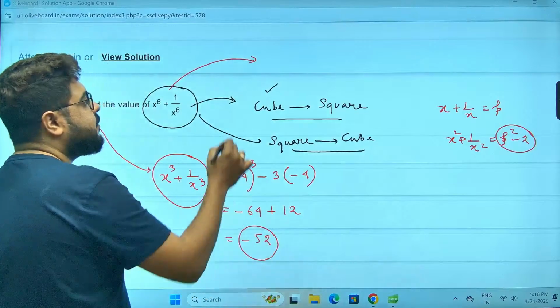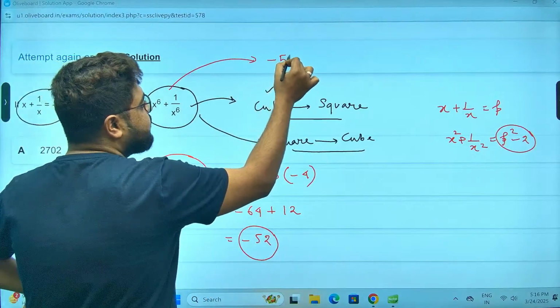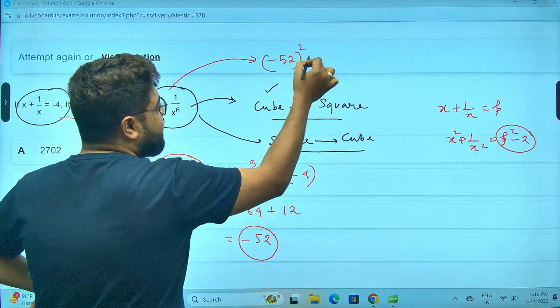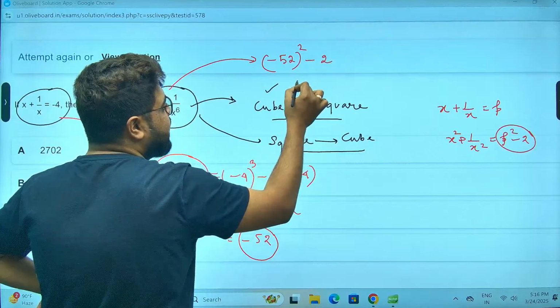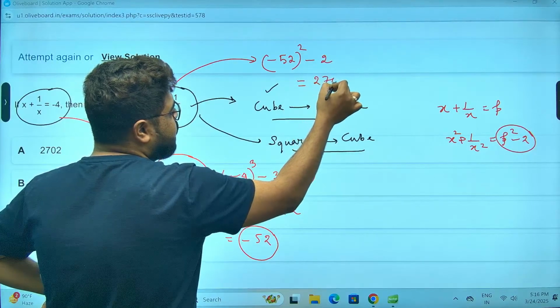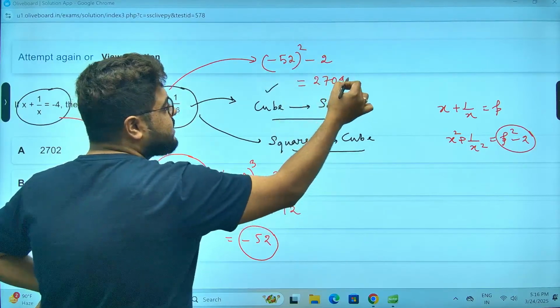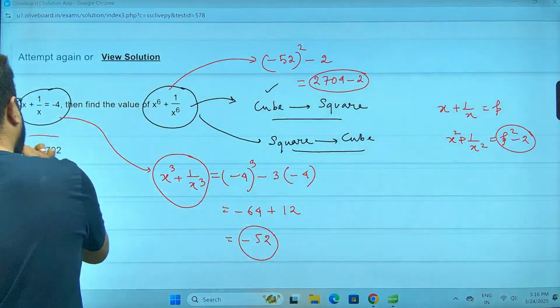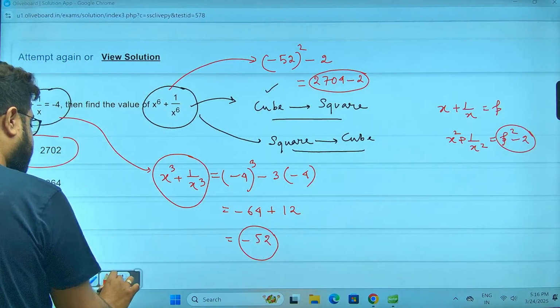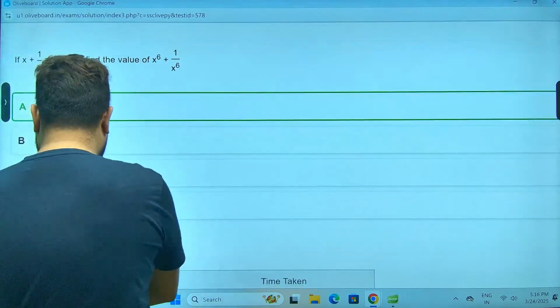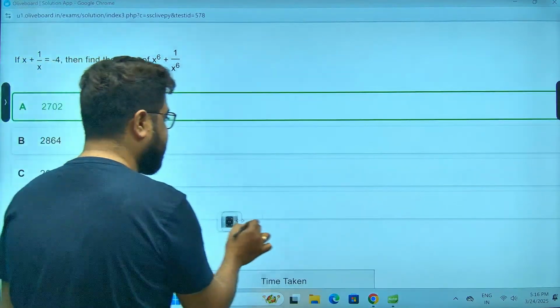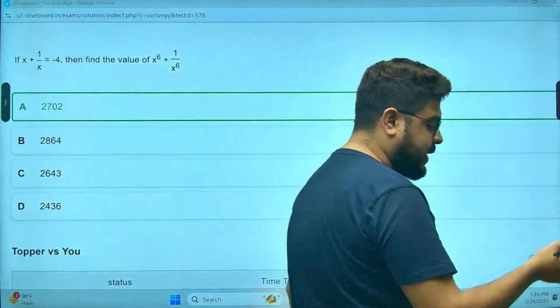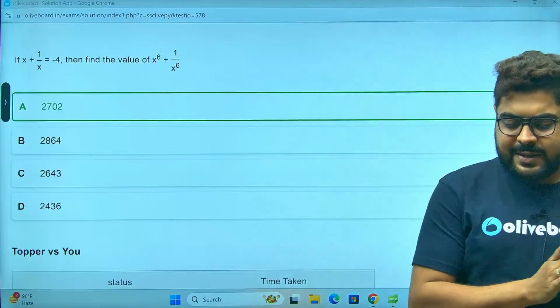It is minus 52, so the answer will be minus 52 square minus 2. 52 square is 2704, and minus doesn't matter. Minus 2 means 2702 will be the answer. Option A is most definitely your correct answer, sir.